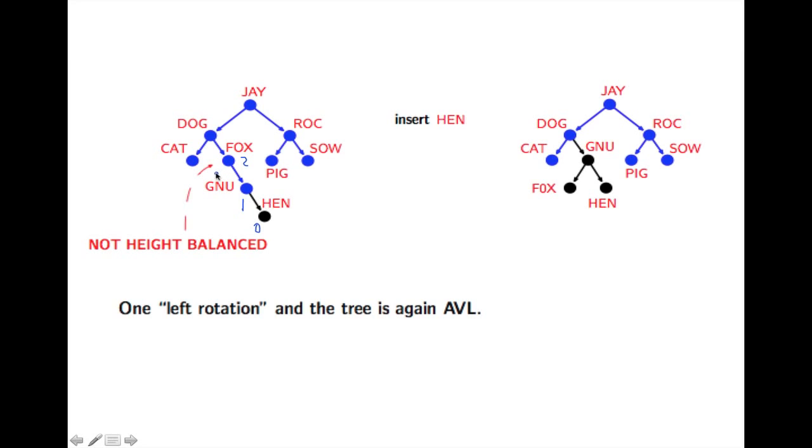Left minus right is actually -2, and so this is not a good situation. We don't allow that. So we rotate on this edge. We rotate left, and that gives us this new configuration where the tree is height balanced. We basically made hen go one level up the tree, so that the path to it next time that we search for it is not so long.